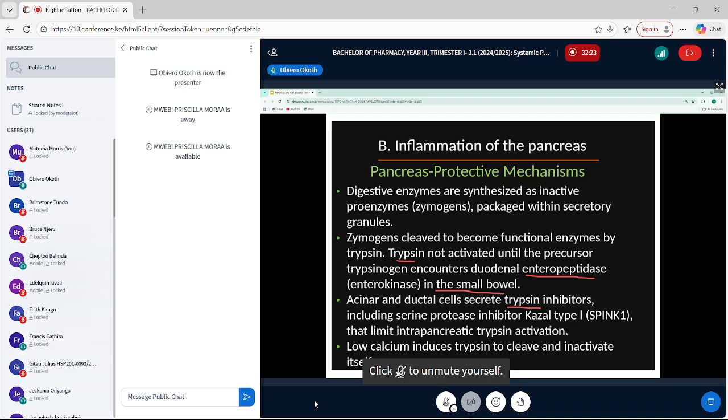So the pancreatic proteases are only activated in the duodenum. When these protective mechanisms are not put in place, that's the time now you'll have conditions like acute pancreatitis.